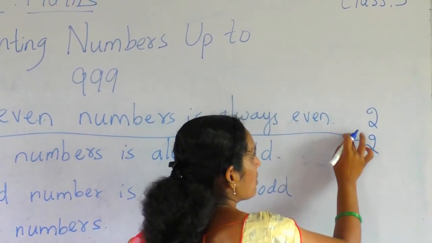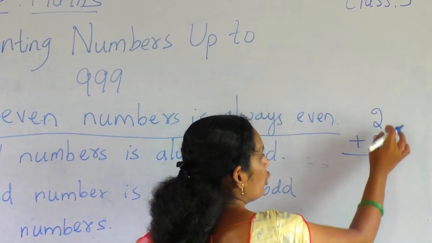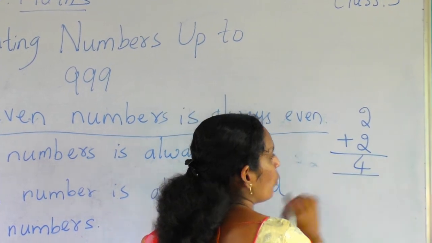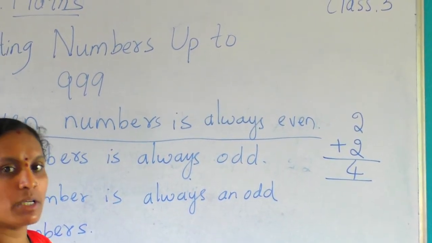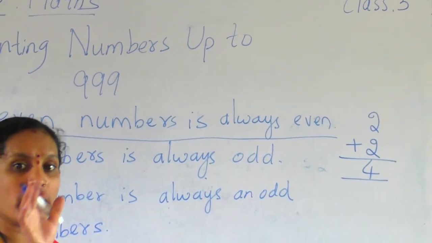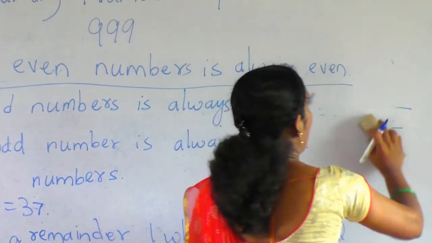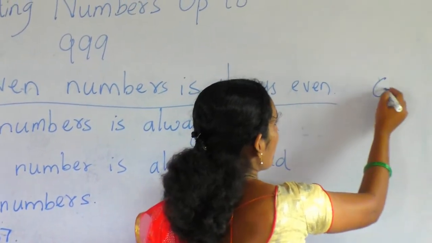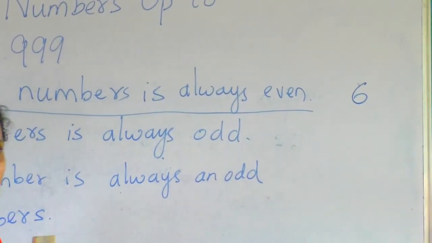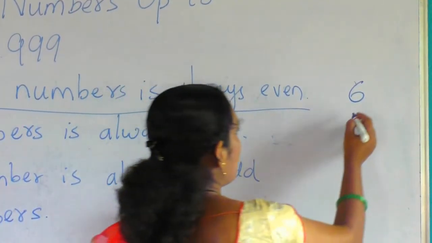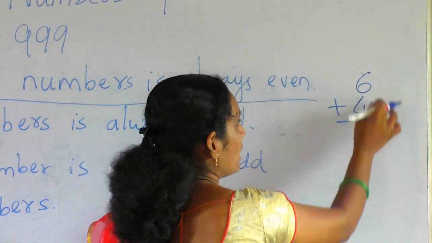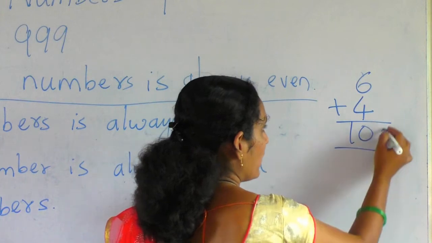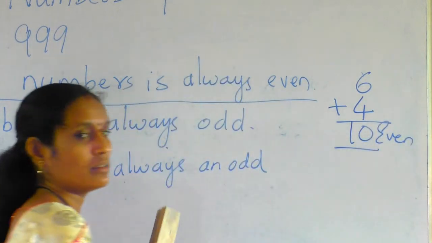Sum means plus. 2 plus 2, 4. Understood? Sum of even numbers, any number you take, but you should take even numbers. See, I am taking here 6, which is an even number. I am adding again an even number. Sum of two even numbers, always we are getting an even number.